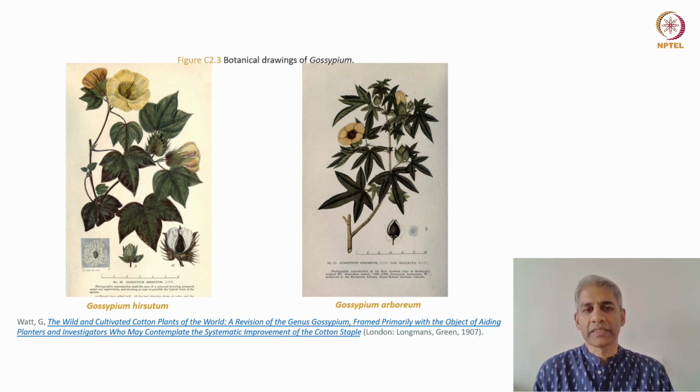Focusing more on cotton, here are two species of cotton, hirsutum and arboreum. And again, you can notice that the shape of the flowers is very similar. And the leaves are lobed in both cases, but the depth of the lobes are different for both the species.